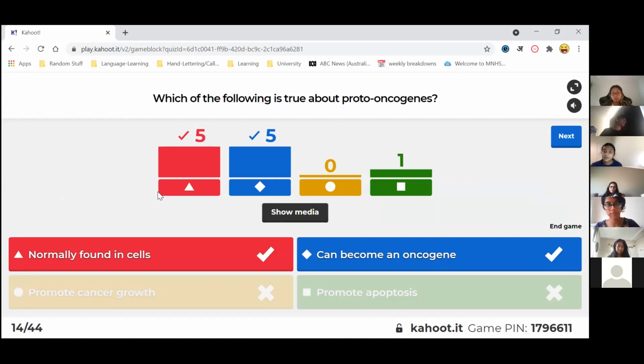Proto-oncogenes are the ones that are normally found in cells, and they can be normal and good for the body. And yes, they can become oncogenes. They don't promote cancer growth unless they become that oncogene. And they don't promote apoptosis. They just focus on the growth of the cell.